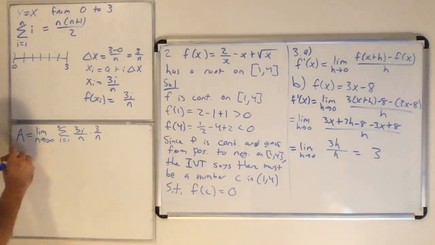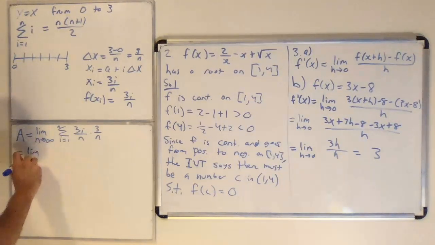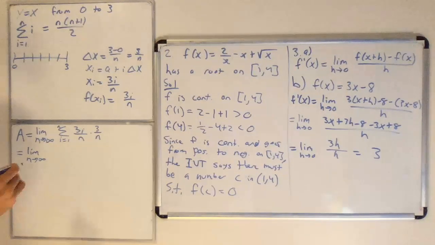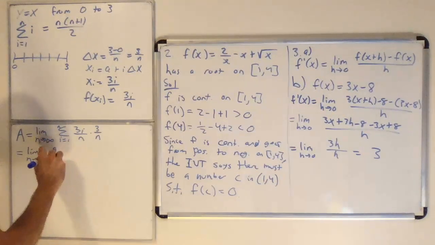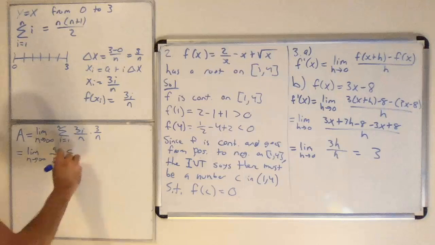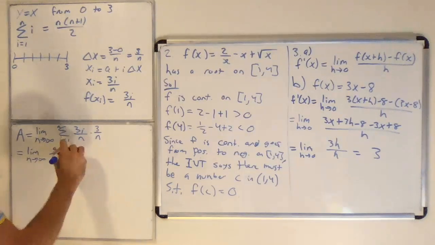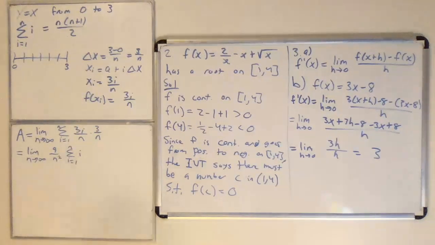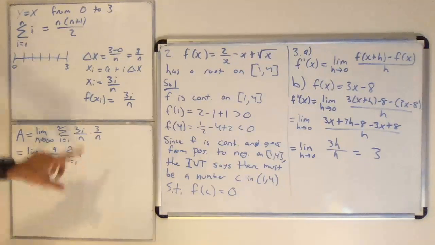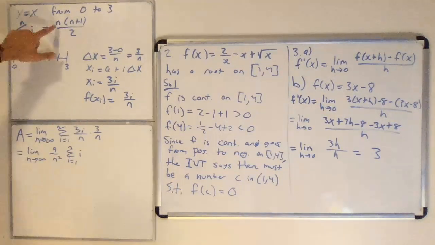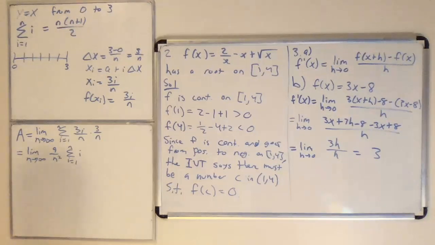So this is equal to the limit as n goes to infinity of 9 over n squared times the sum from i equals 1 to n of i. This, we are told, is n times n plus 1 over 2.